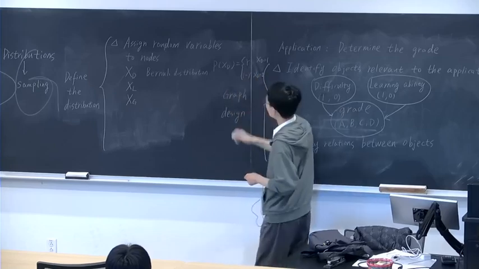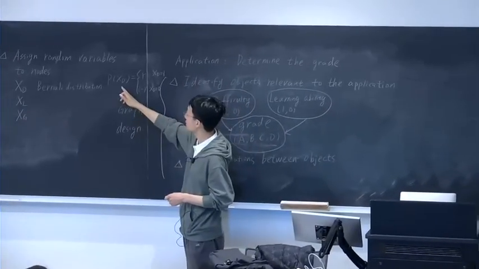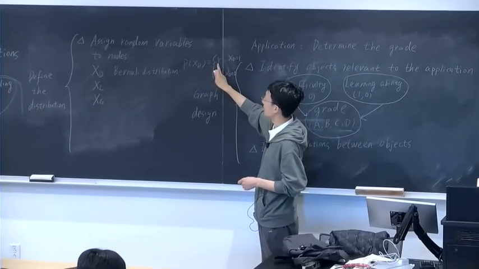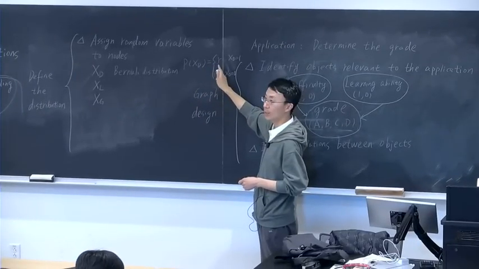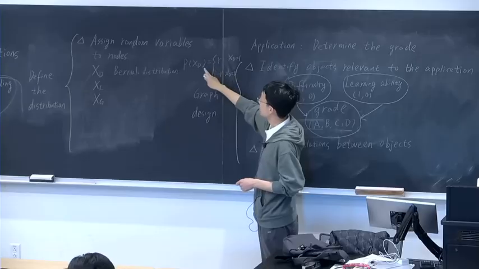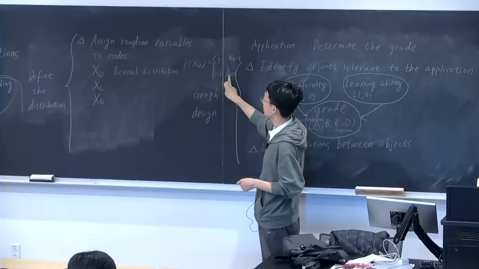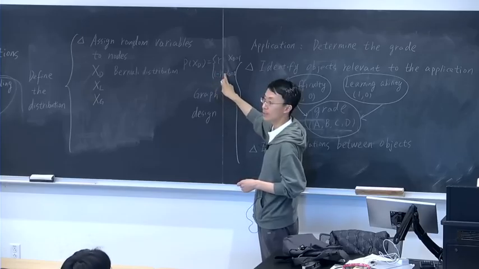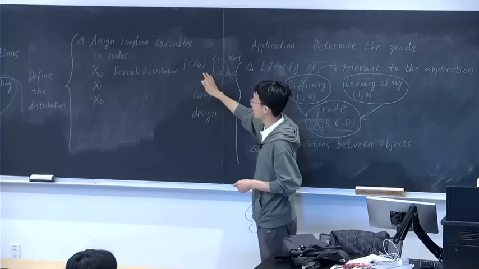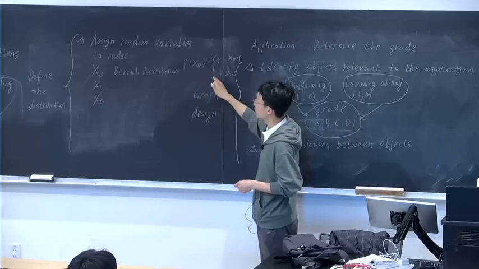So gamma here is the parameter of this distribution. It is a number between 0 and 1. If the value of the random variable is 1, the probability is gamma. If it is 0, the probability is 1 minus gamma. So this is basically called a Bernoulli distribution.